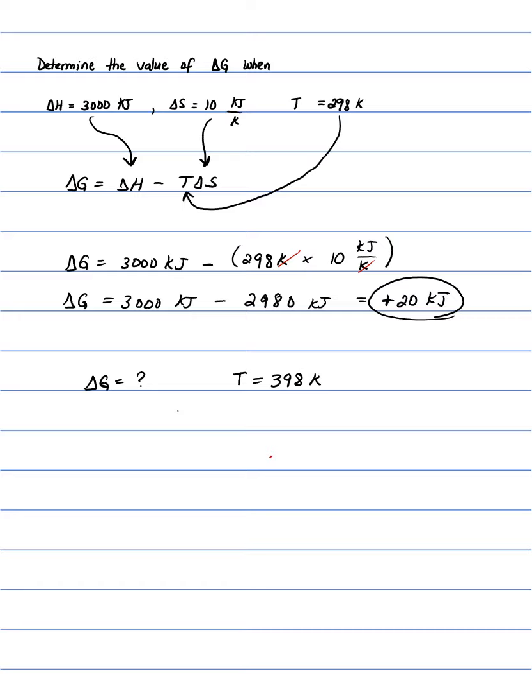So using the same values for delta H, delta S, but now at 398. Let's see if that 398 is high enough for you to get a negative delta G, or if that temperature is high enough for that process with those values for delta H and delta S to become spontaneous.